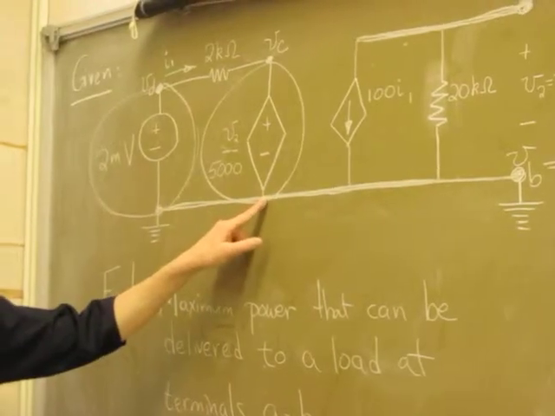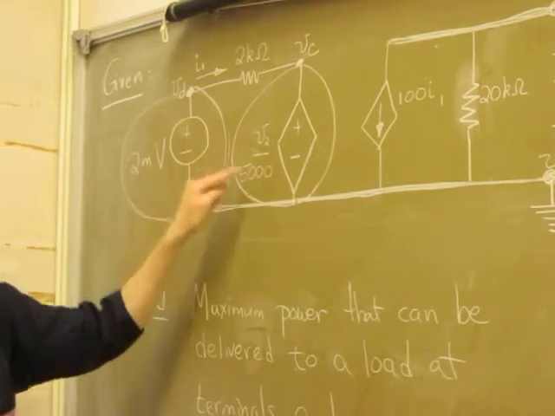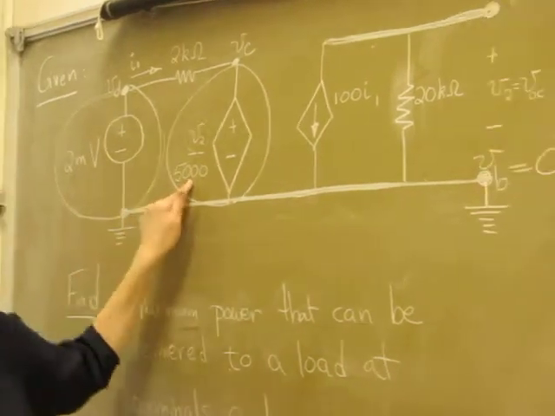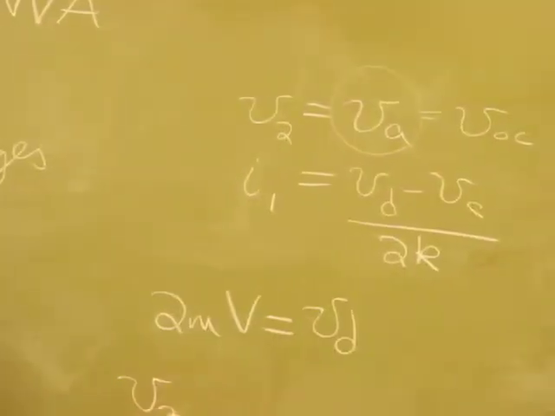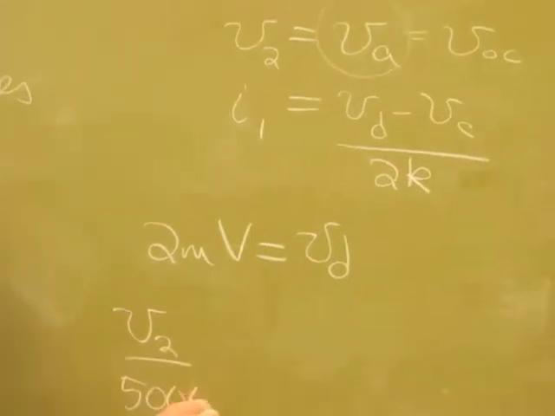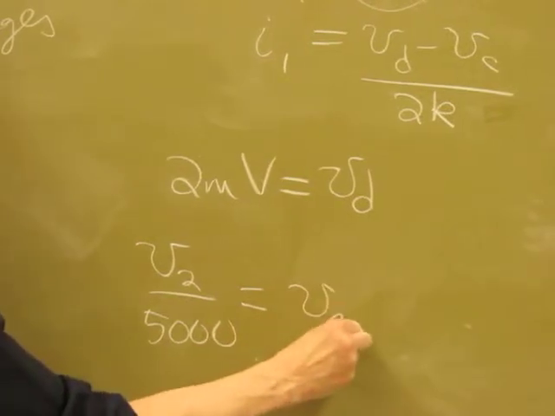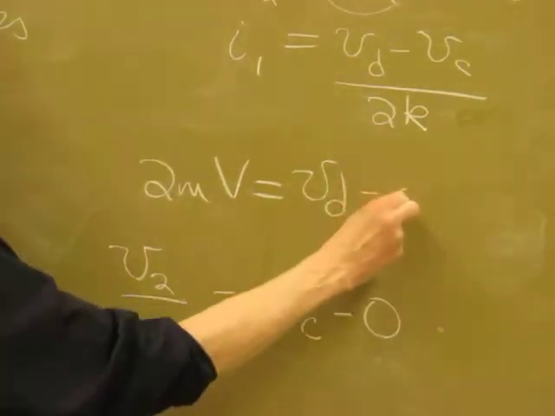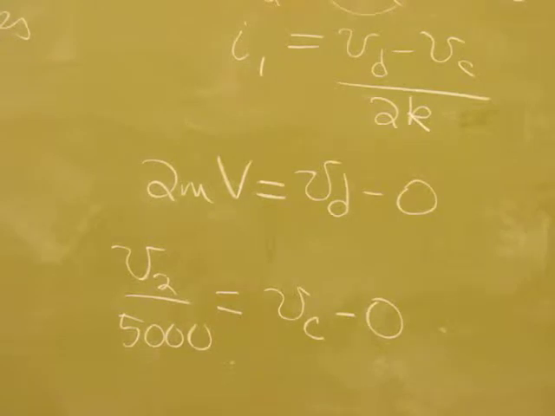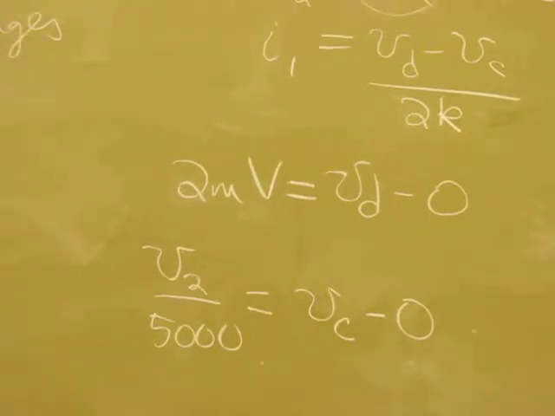And then this supernode tells me that V2 over 5,000 is equal to VC minus 0. I'll show the minus zeros. So that's what you have to do in this step.